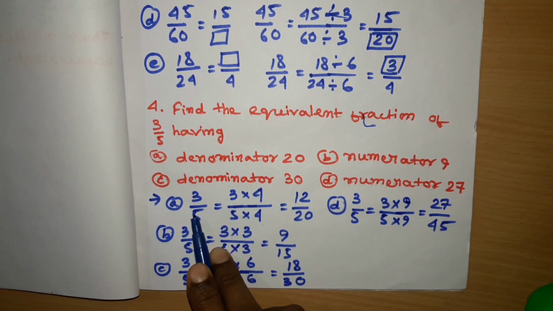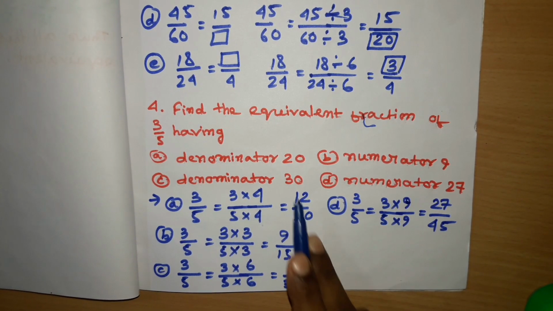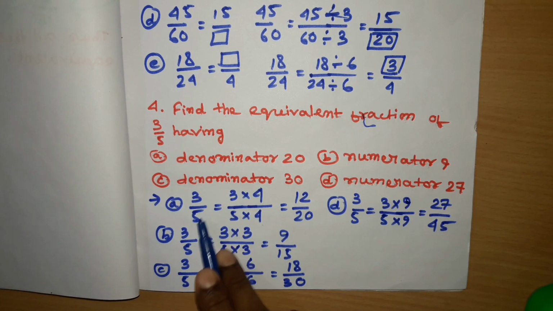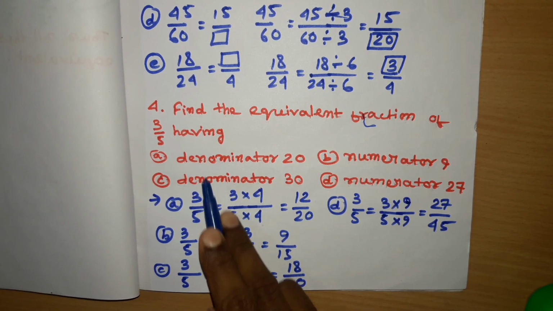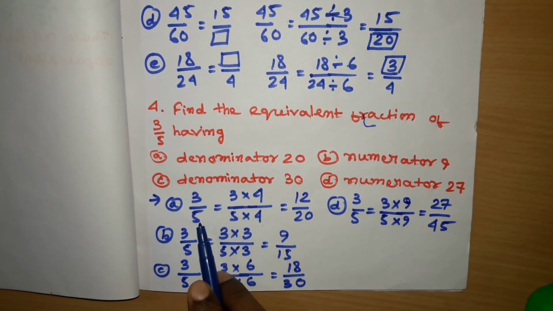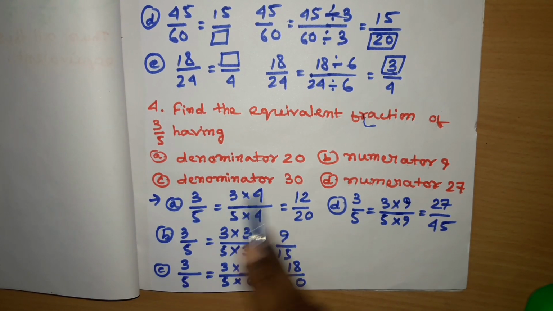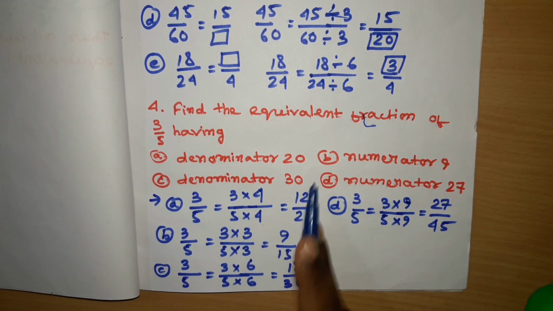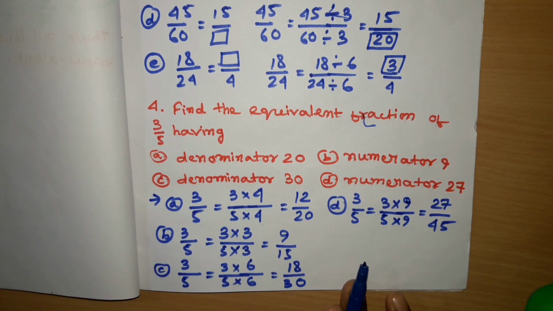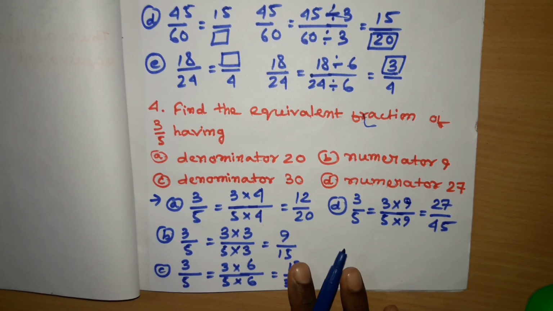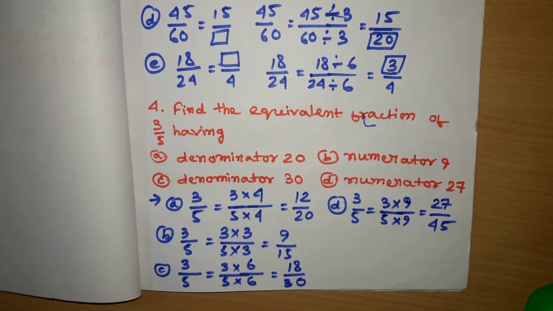See, 3 by 5 is there. We need 20 at the denominator. You can think of it this way also. We need 20. So how will I get 20 here? 5 4s are 20. This is a simple way.